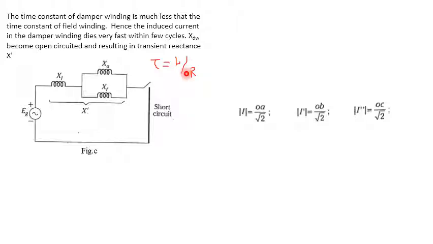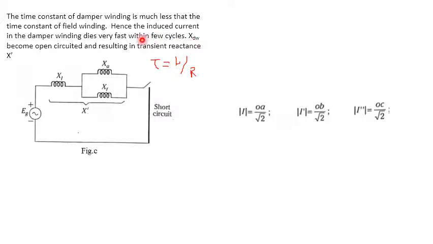The time constant of the damper winding is less than that of the field winding. Hence the induced current in the damper winding is going to die out very fast, within a few cycles.